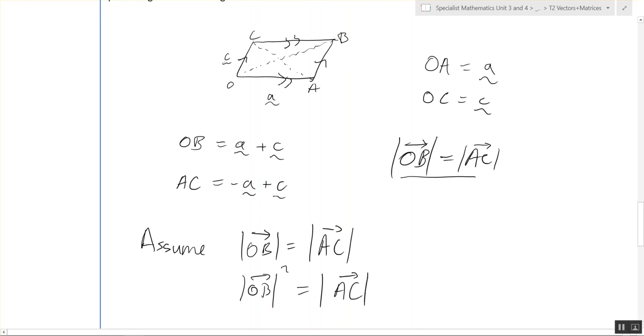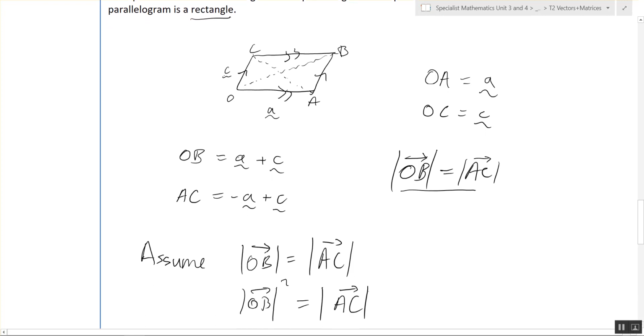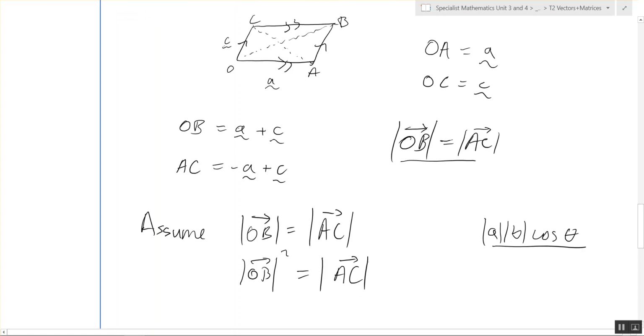Now this is useful because when we're looking at a rectangle, we have 90-degree angles. And when you do the dot product, you do the magnitude times the magnitude times cos theta. If theta is 90, this is all 0, but we'll get to that at the end.